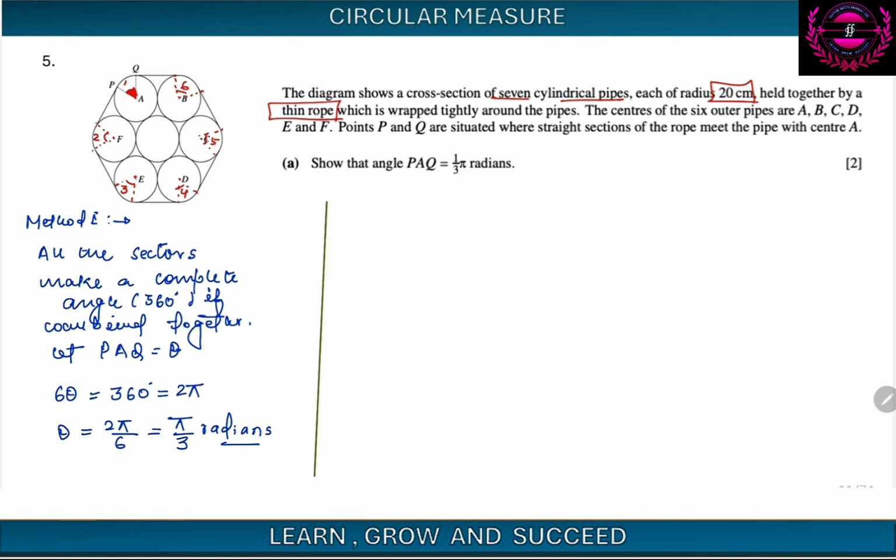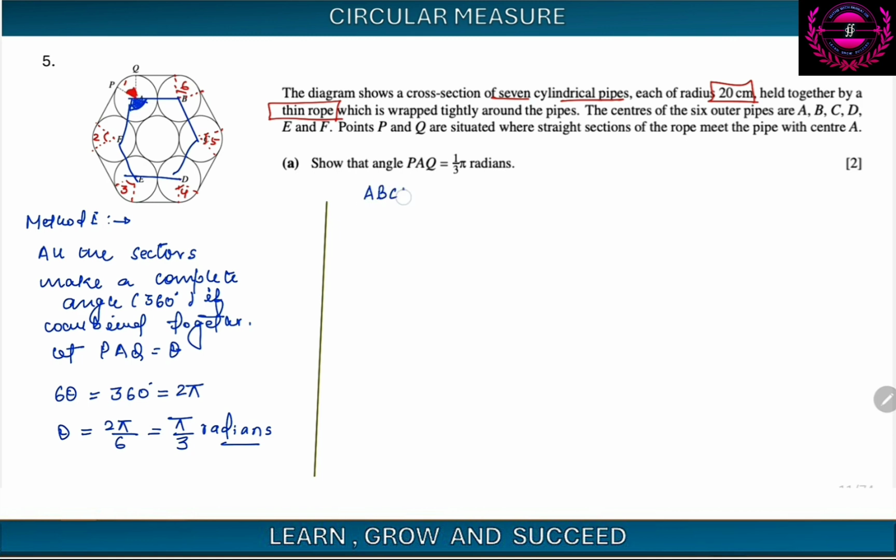So in method 2, I will make a hexagon. I will just connect all the points A, B, C, D, E, F. So this is a hexagon, and if you find the internal angle of a hexagon, for example this angle A, this is the internal angle of a hexagon.